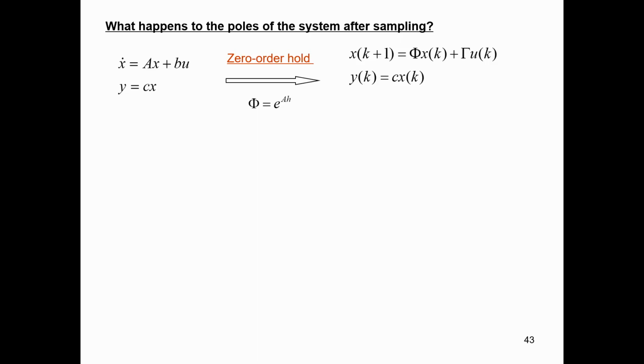Let's try to derive the formula. We have the relationship between phi and the matrix A, okay? And then we want to use this relationship to derive the formulas relating the poles in the continuous time and the poles in the discrete time.